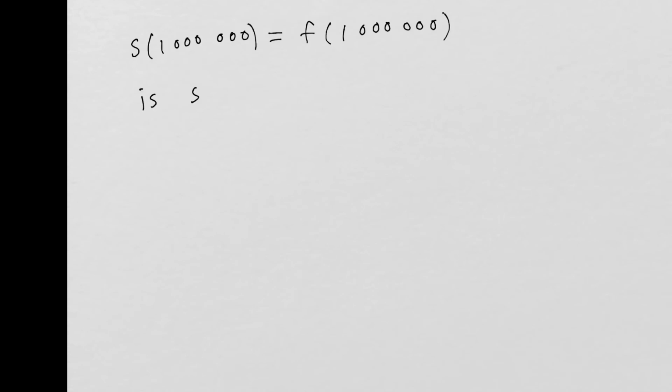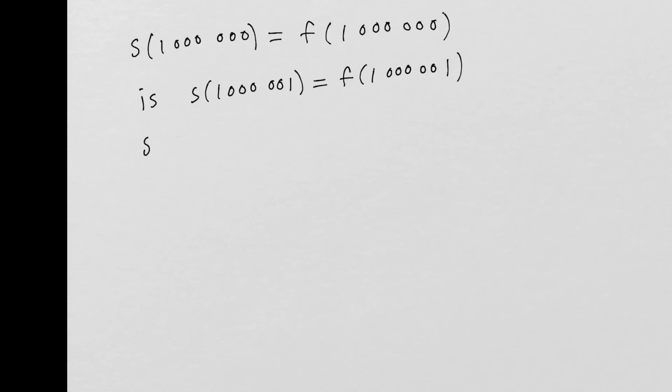So let's say I tell you that I've actually checked the first million, and it really happens to be the case that S of 1,000,000 is equal to F of 1,000,000, and I ask you, is S of 1,000,001 equal to F of 1,000,001? And here we do the same process.